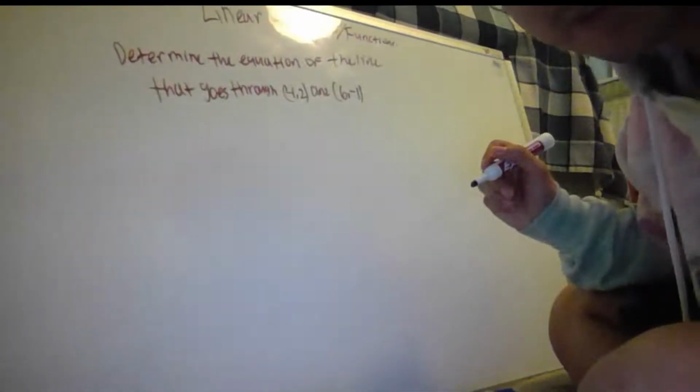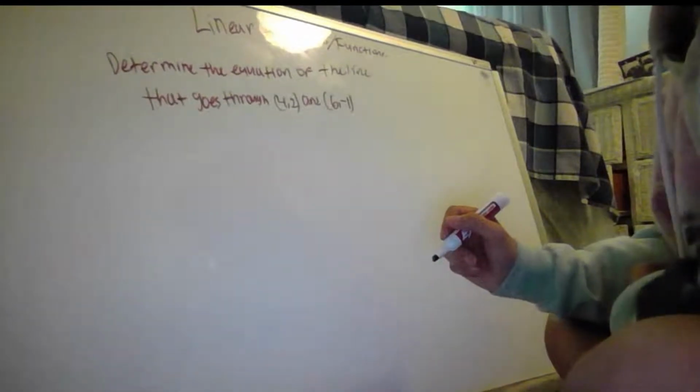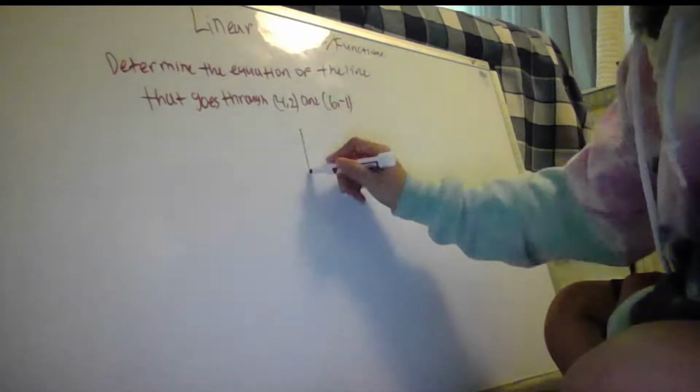And I wish, like I said, I had a better camera angle, right? So we have 4, 2, and 6, -1.